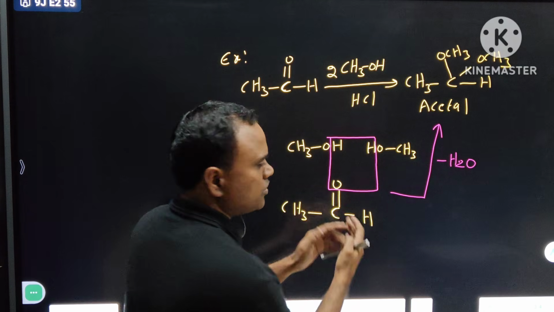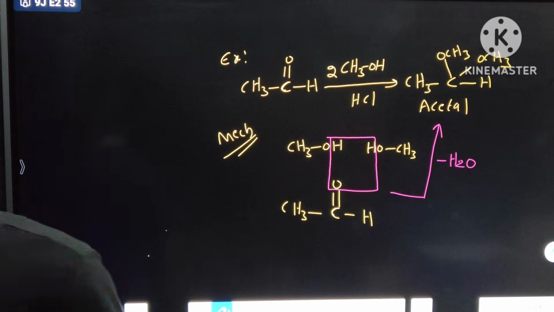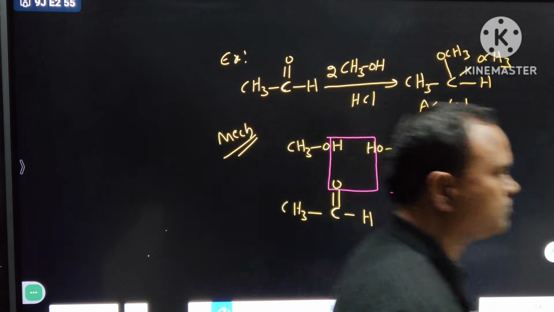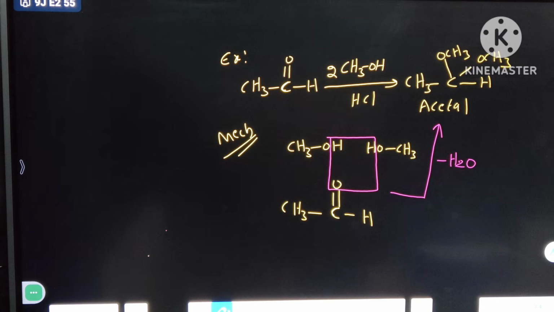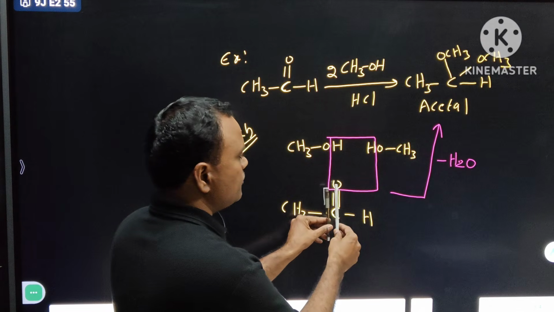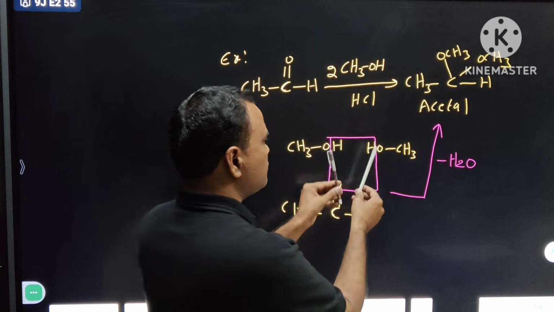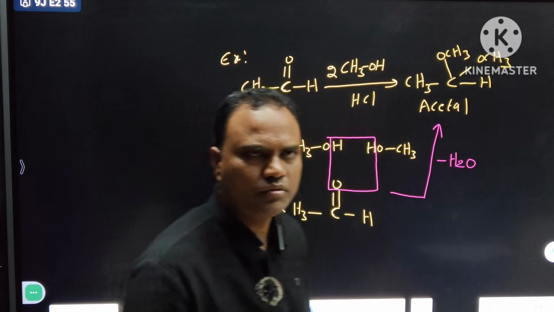So this double bond, look at this, just a second. See this. This double bond will split and attach to oxygen. Clear? All of you.